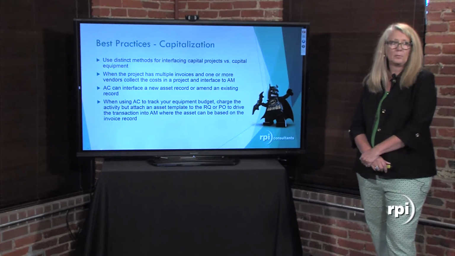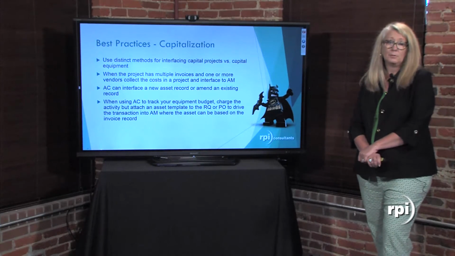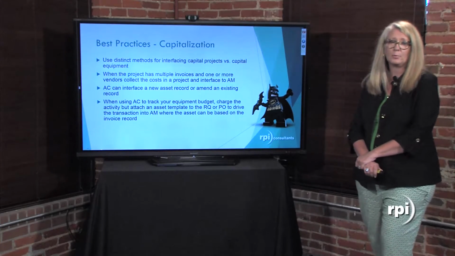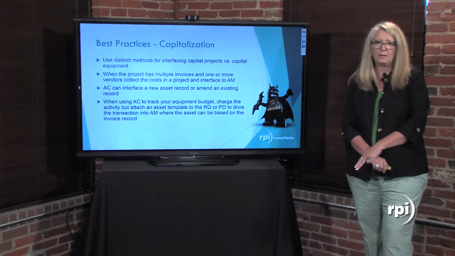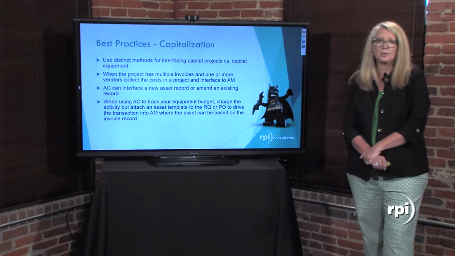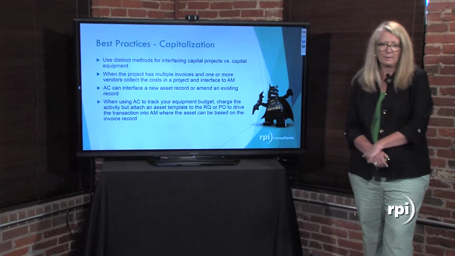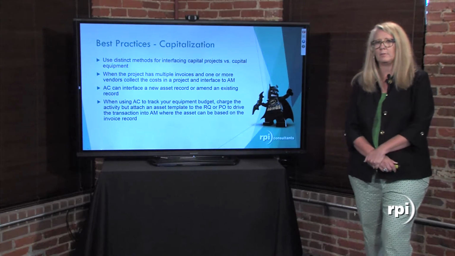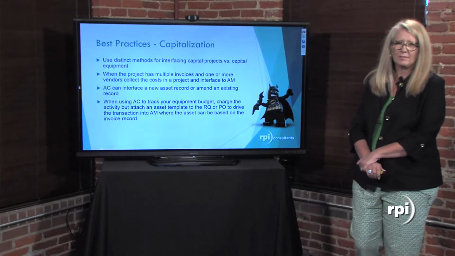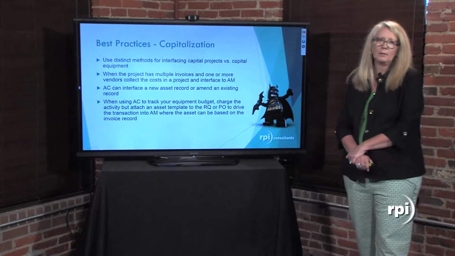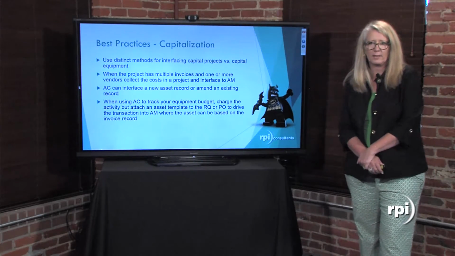If it's a capital equipment piece, it's very much preferred that you can still track it in AC, so you're tracking those equipment dollars in that budget, but attach an asset template either to the RQ or the PO or even the AP invoice, so you drive that transaction into AM where the asset can be based off the invoice record. Versus if I take that equipment through AC and try to interface from the AC to AM, there's a lot of extra information I'm going to have to add about that asset, whereas if I had used it straight from the AP invoice, it would all be there for me.